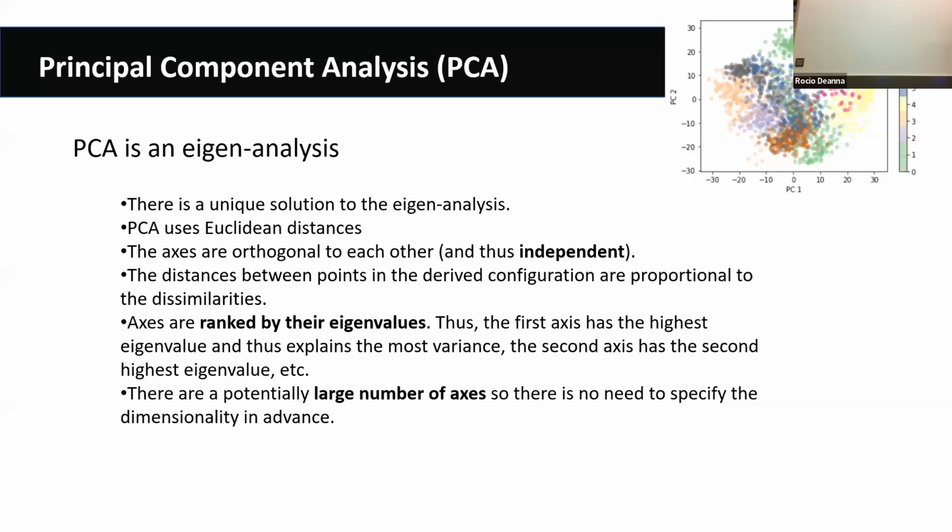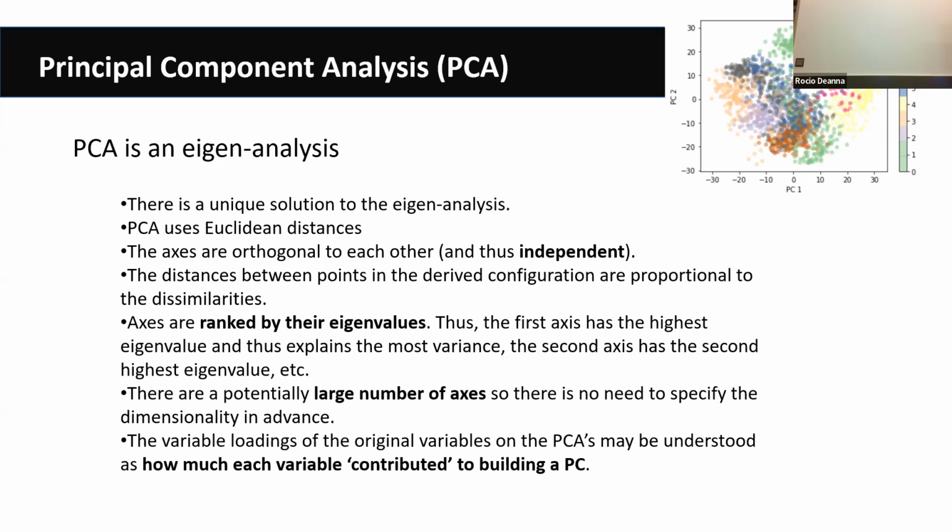And potentially there are a large number of axes, but we don't need to specify the number of dimensions in advance. And the variable loadings of the original variables in the PCA might be understood as how much each of the variables contributed to building the PCA.